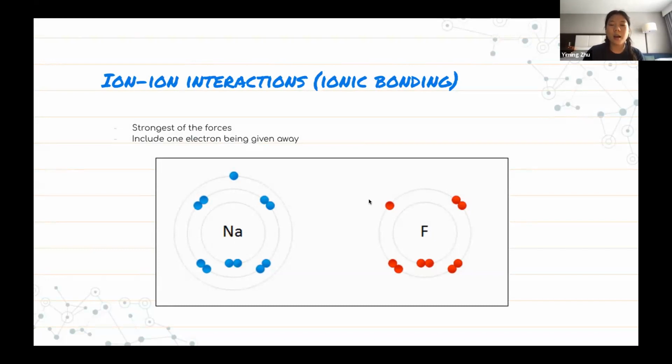So the sodium wants to give away its one valence electron so it can have a full octet of valence electrons, while the fluorine really wants one more so it can have the full octet of 8 electrons. So in this case, the sodium will give away its one valence electron to the fluorine, and it will form an ionic bond.